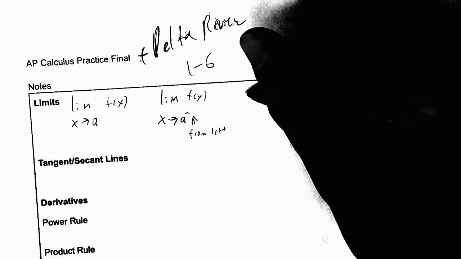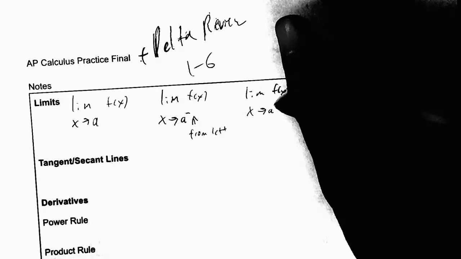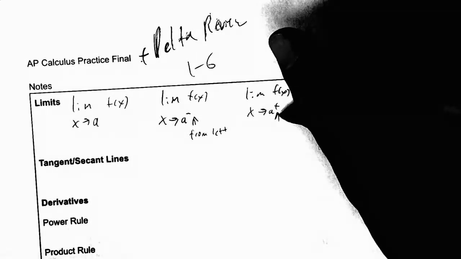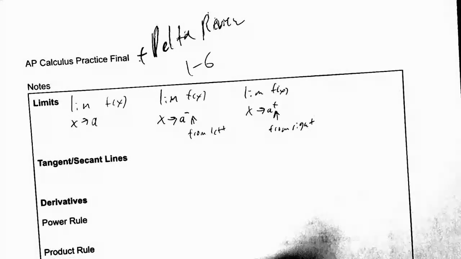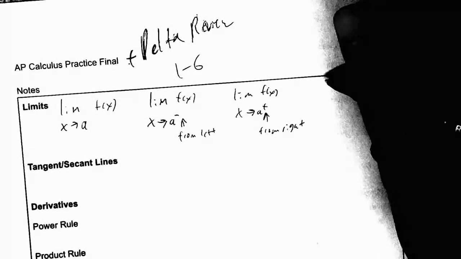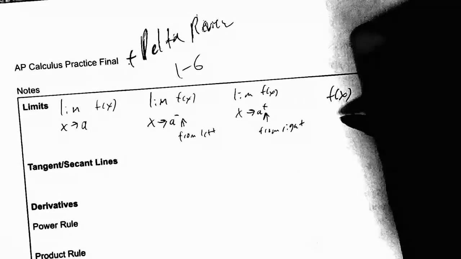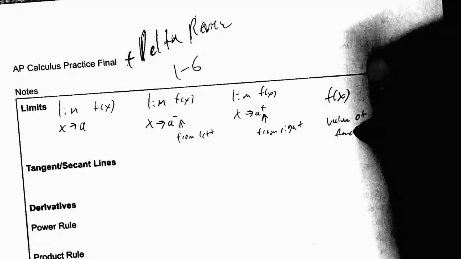And then we have limit f of x, x approaches a plus. That means from right. And we'll go over this in the first problem. I'll go over how those are used. And then we'll have just regular f of x, which is the value of the function.